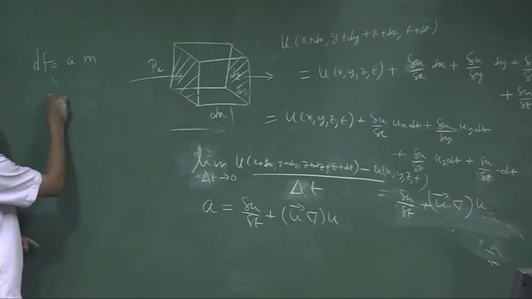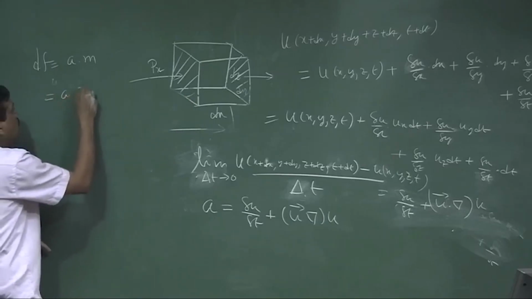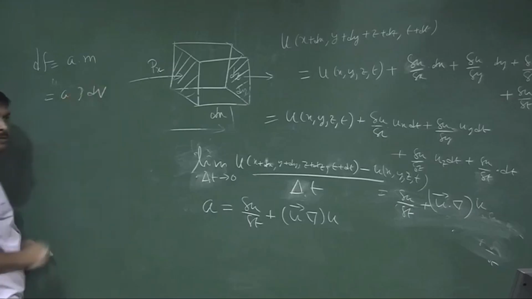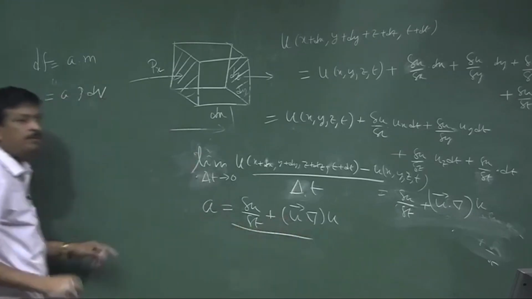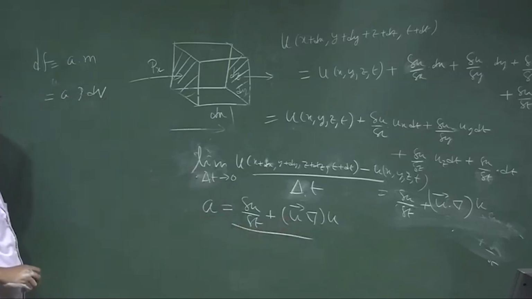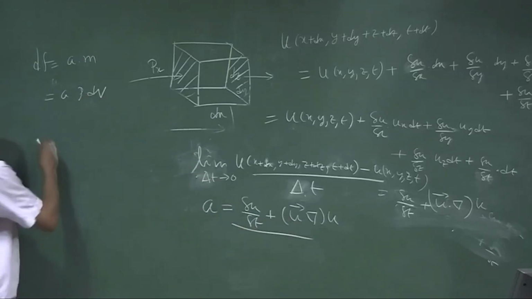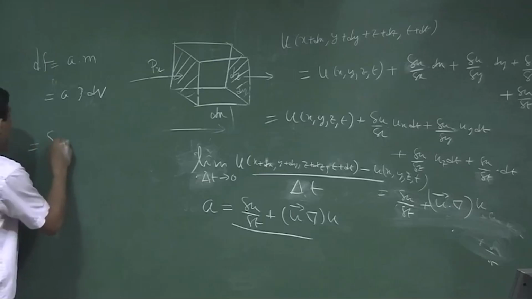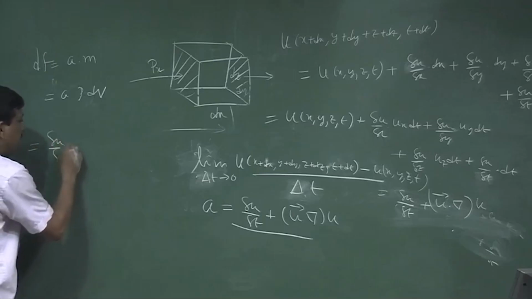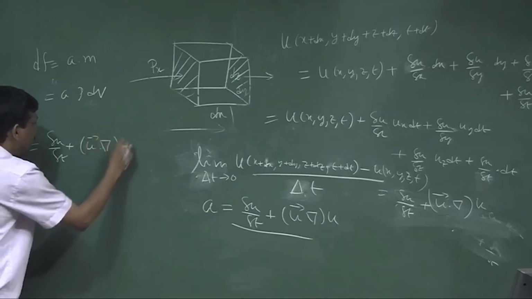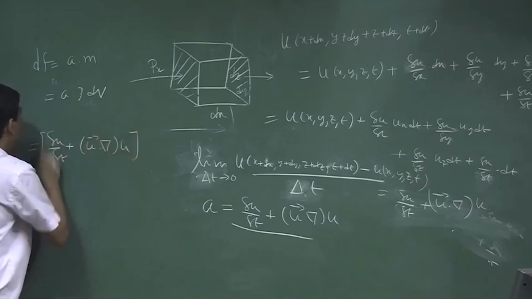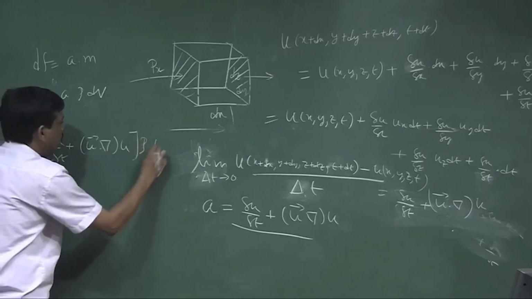So it is a into rho dV. I can put the value of a in here. So I get ∂u/∂t plus u·∇u multiplied by rho dV.